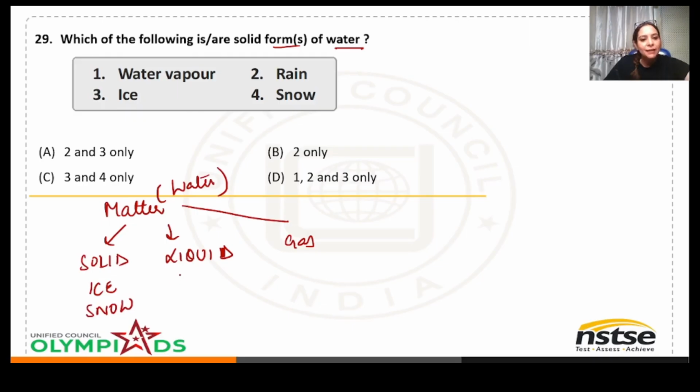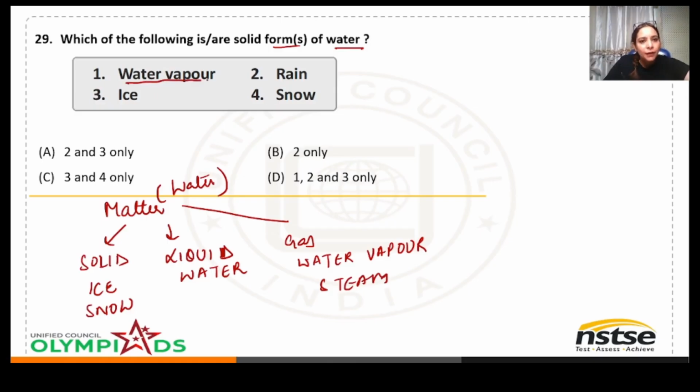The liquid state is water, and the gaseous state is water vapor, or we can also say steam. So here we have four forms given: water vapor, ice, rain and snow.